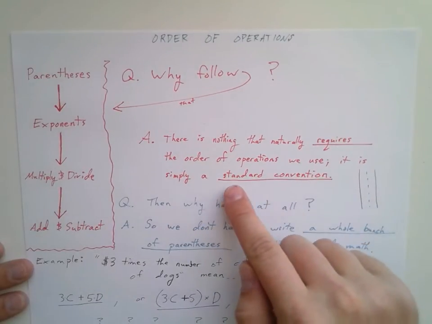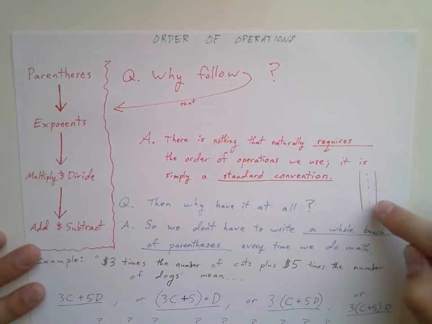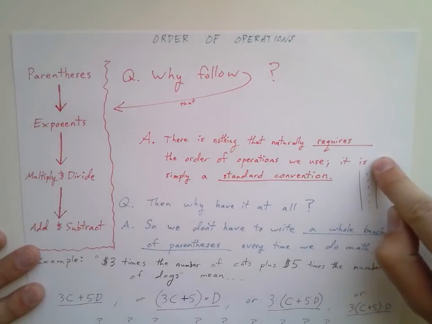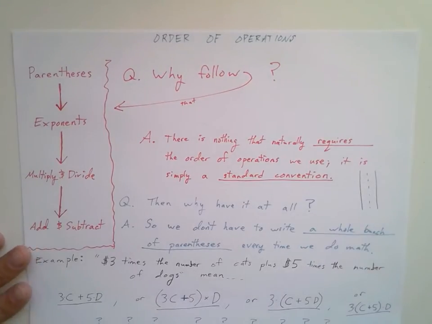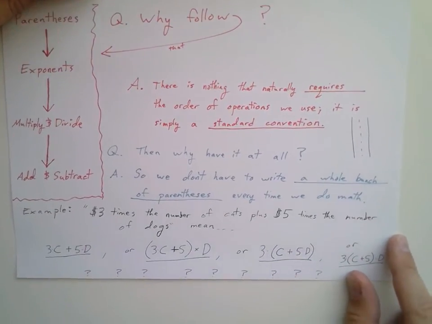It's a standard convention. That means people just decided this is the way we're going to do it so that everybody does it the same way and we don't get confused by different people doing it different ways. It's like in the United States, people always drive on the right-hand side of the road. It's a standard convention. So it's not a natural part of mathematics, it's just a convention.